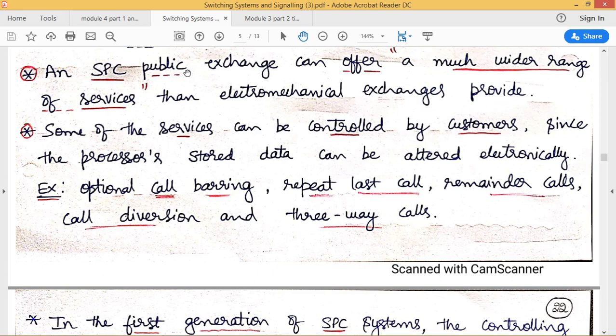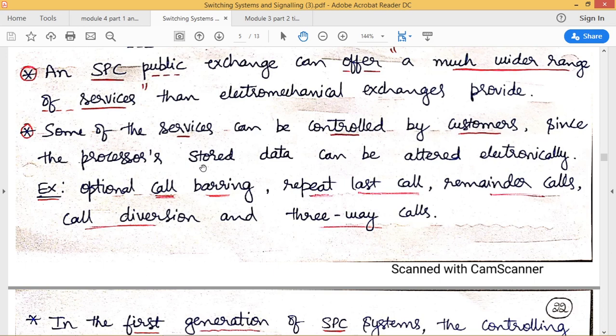Generally, an SPC public exchange provides many different types of services to a customer compared with what electromechanical exchanges used to provide. Some of the services can be controlled by customers. Of course, the customer can also control what services he wants to have and how to make use of those services from the SPC public exchange.